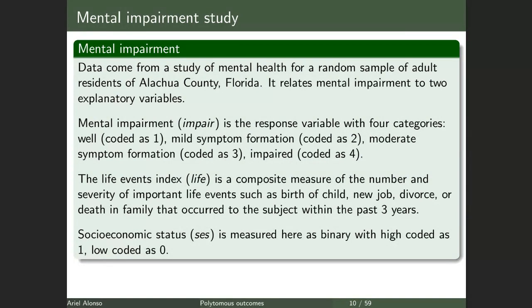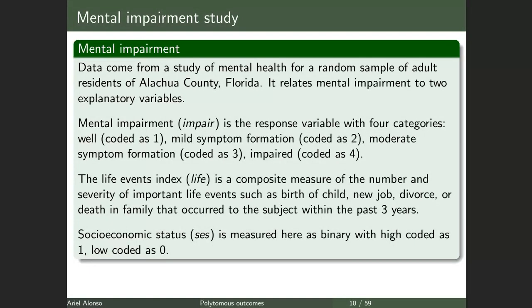A new job is an important life event. A divorce is an important life event. For instance, if some close member of the family has died, that is an important life event. So this index is just a composite that measures the number and severity of these important life events, measured in the past 3 years.